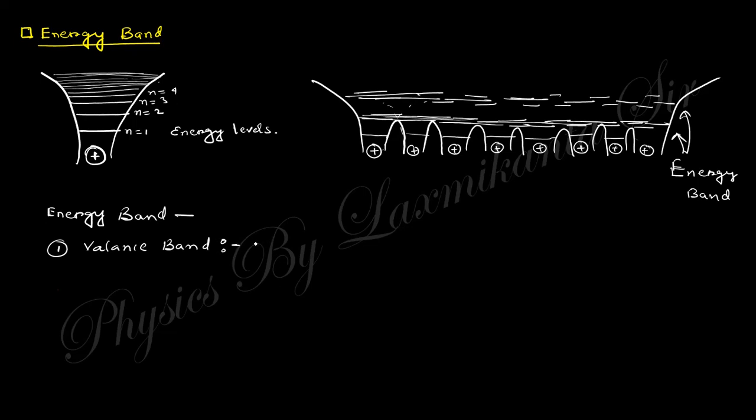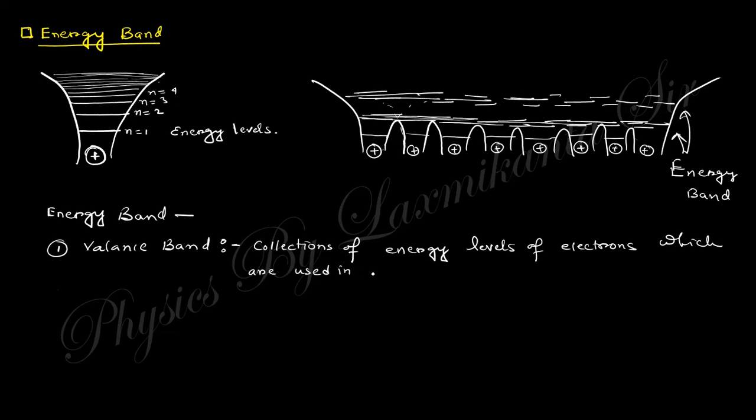It is a collection of energy levels of electrons which are used in valency. That is, when the electrons are in valence, whose energy levels are combining, forming the valence band.